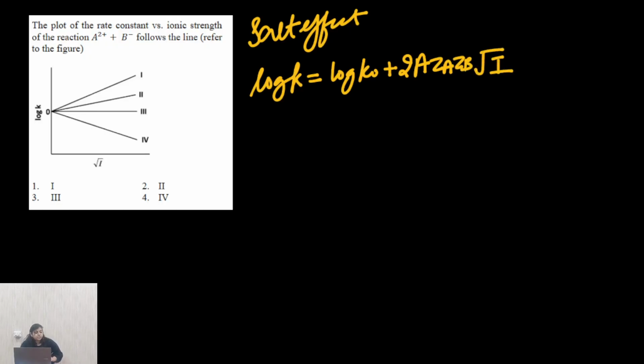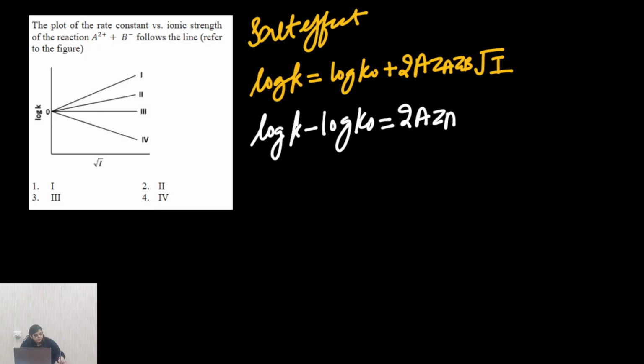For the salt effect we know that log of K is equal to log of K naught plus 2A times ZA ZB into the root of ionic strength, right? So if I shift this, it becomes log K minus log K naught equal to 2A times ZA ZB into the root of ionic strength.